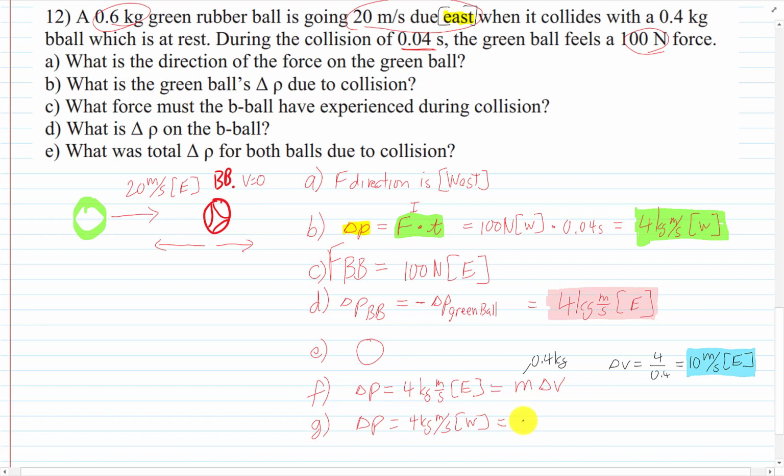Okay? The change in momentum of this is west, so it's going to be its mass times the change in velocity, and its mass is 0.6 kg, and its change in velocity is Vf minus Vi.